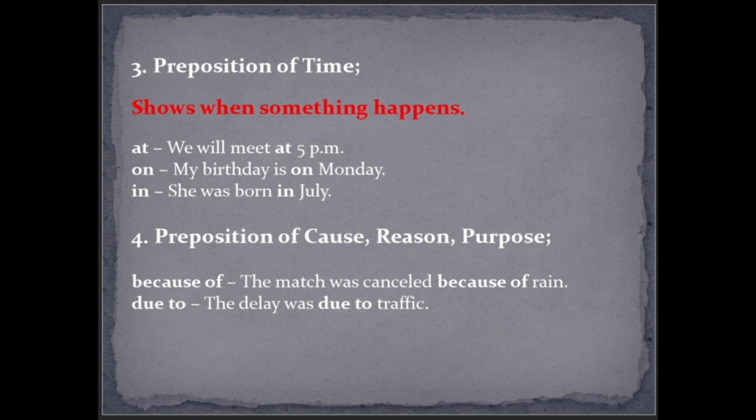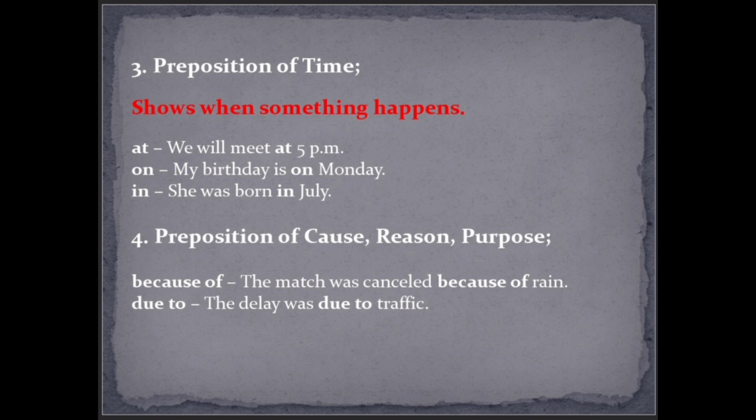So here we are giving the reason. The match was cancelled because it rained. Something happened. What happened? It rained. Because of rain, the match was cancelled. So we are using this kind of preposition to show reasons.